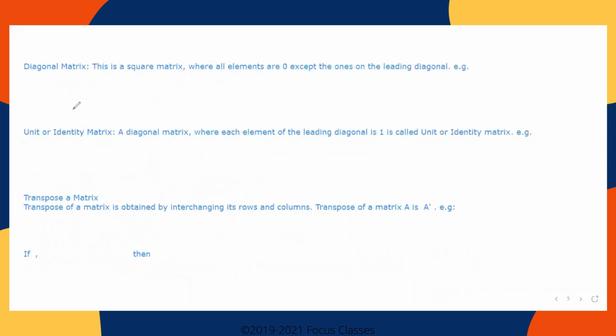Next, diagonal matrix. This is a square matrix where all elements are 0 except the ones on the leading diagonal. Square matrix. According to the definition of the square matrix, the number of rows should be equal to the number of columns.